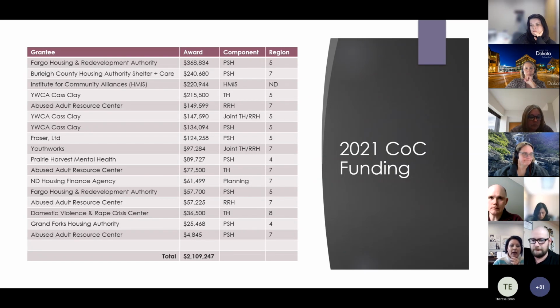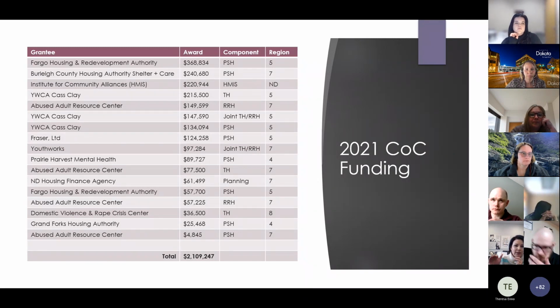So you can see on this slide right here, this is the funding that we received in fiscal year 2021. Now, the unique thing about COC funding is the competition happened in 2021, but their funding didn't actually start until 2022. So the funding starts a year after the competition, basically.